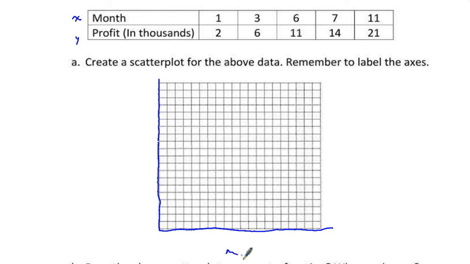This will be months, and this is profit in thousands. So we've labeled the axes. Now we just need to get our scale. So we have to go far enough that we can get 11 months in. So I'm going to go 1, 2, 3, kind of by halves.